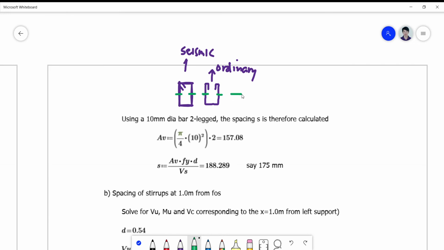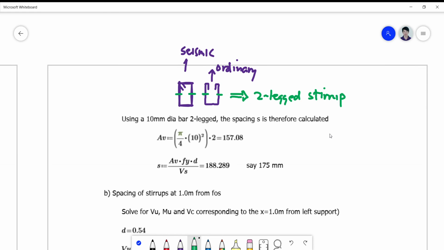Okay, so this is actually a two-leg stirrup because the vertical contribution of the stirrup is measured on these two sides here.